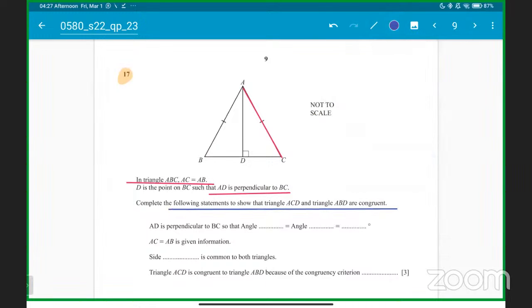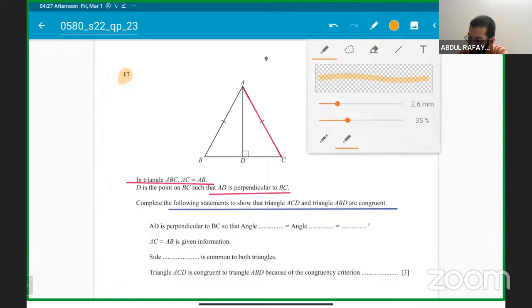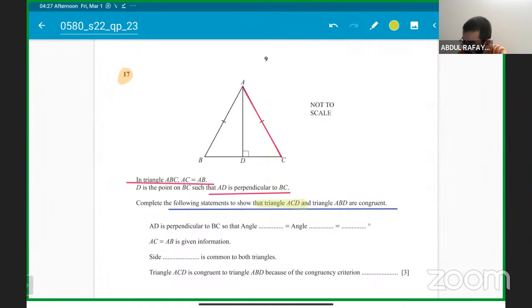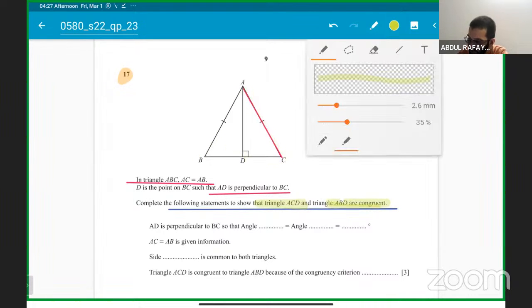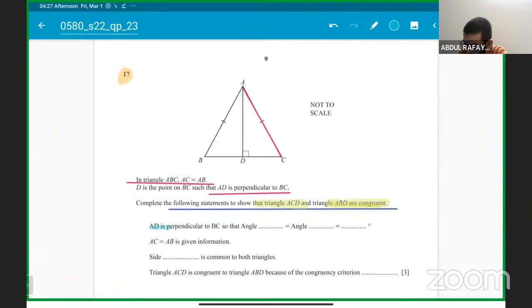You have to complete the following statements to show that triangle ACD is congruent to triangle ABD. It's very simple. In this case, the good thing is they have already written AD is perpendicular to BC.